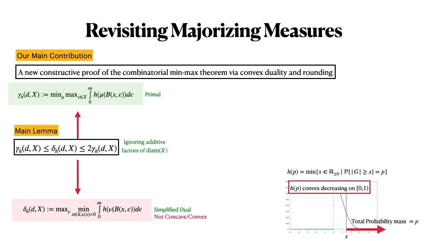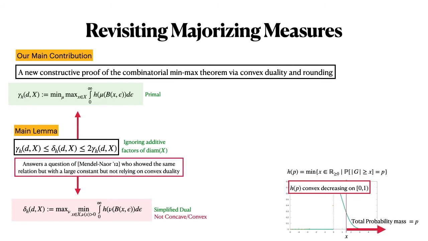The main result of our paper is that the value of this primal and the simplified dual can be at most a factor of 2 apart, ignoring some additive factors of the diameter of X. This also answers the question of Mendel and Naor, who showed the same relation but with a fairly large constant, but they did not rely on convex duality, and the proof was fairly complicated, whereas ours is quite simple.